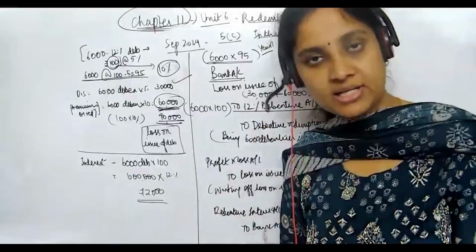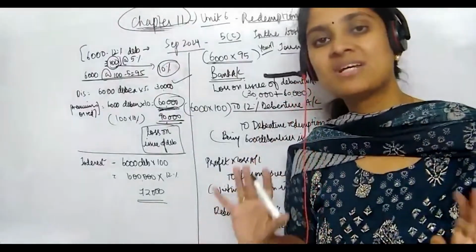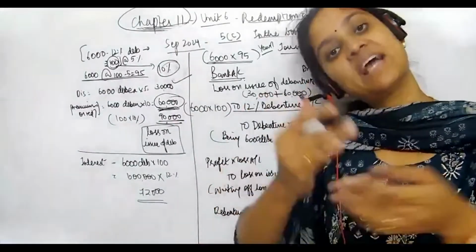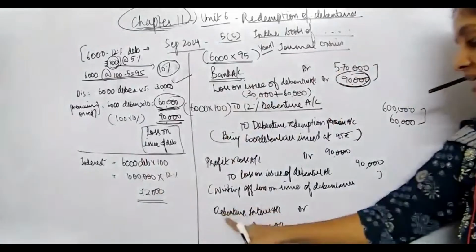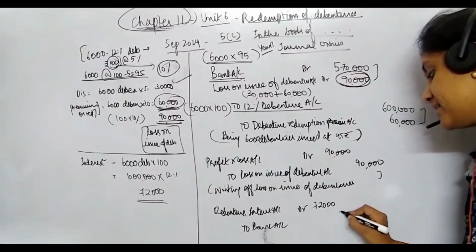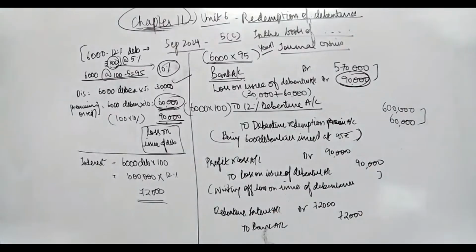Here we are not taking TDS because it is not given in the question. Make your lives very simple. And I am not showing it as 2 entries because we already have a lot of entries to pass for the 3 years. So I am directly taking debenture interest account to bank. So I am paying the debenture interest of 72,000 into the bank.